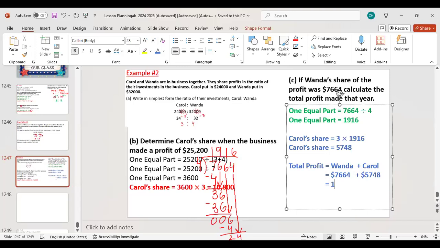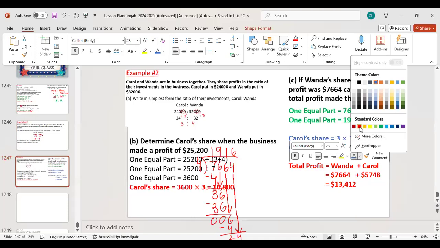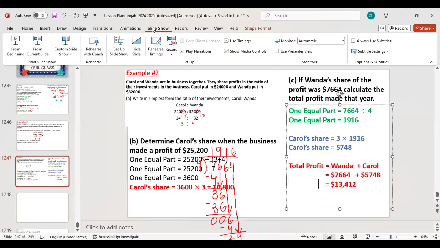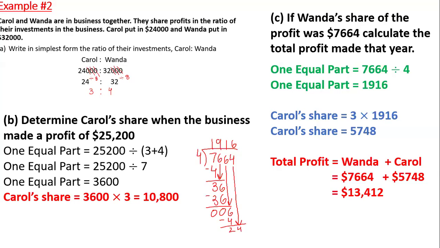So the answer is going to be what? 13,412. And that is our answer right there. All right, so that's the total profit.